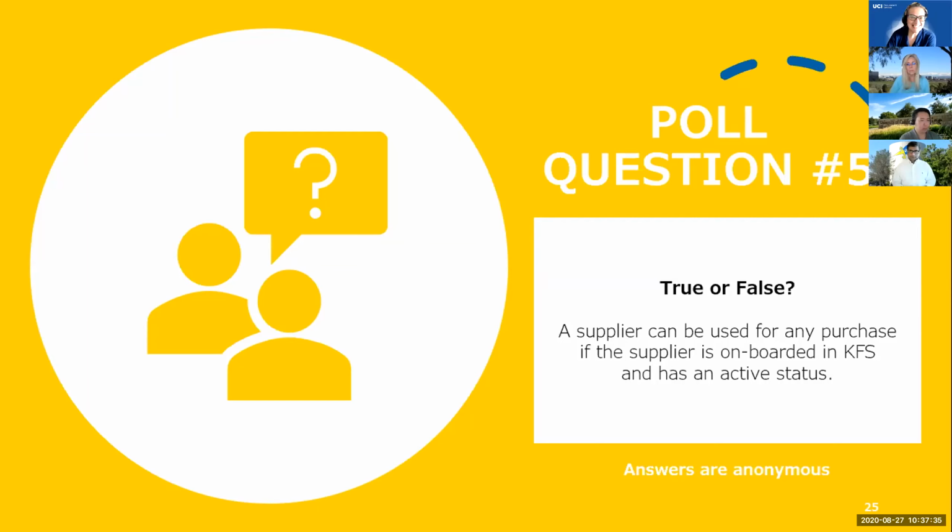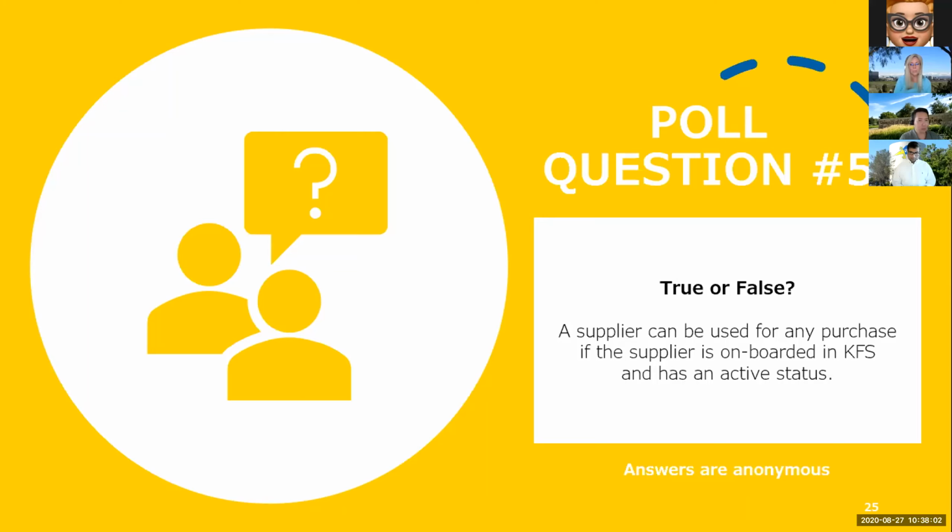As you can tell, not everybody is aware of this situation, where people think that just because a supplier is in KFS and has a vendor number and is in active status, we can go ahead and use them whenever we please. But as 60% of the pollsters said, that is not true, and that is the correct answer.